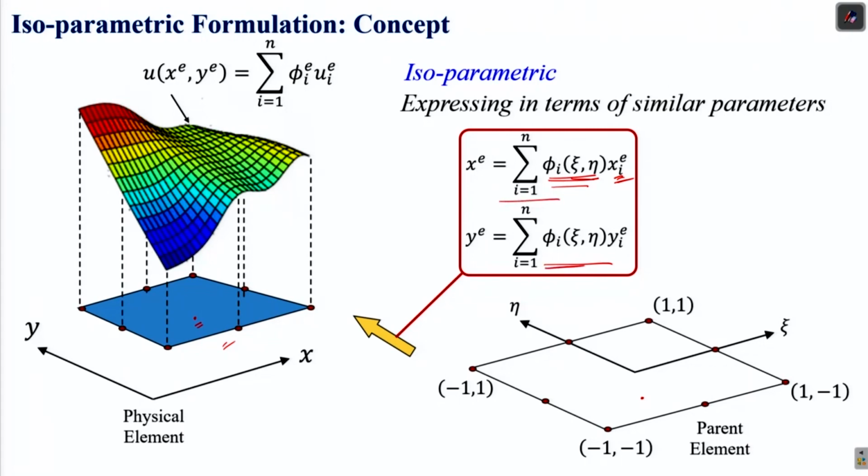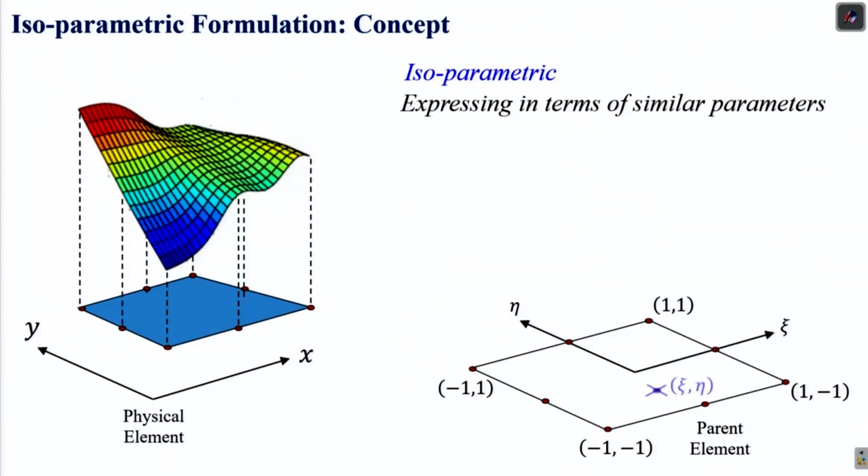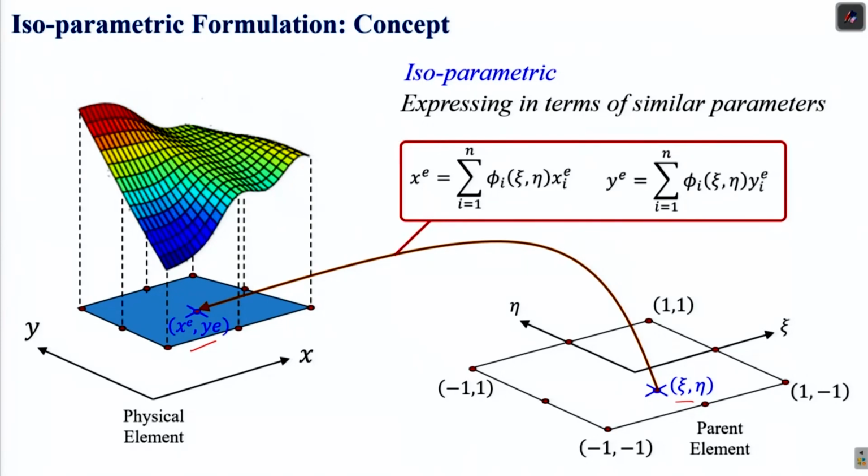And then the field variables over this element are also represented by the same shape functions. So any value xi and eta in the parent element is mapped to x and y, which is the image of this in the physical domain, by this mapping. This is the concept of the isoparametric element.